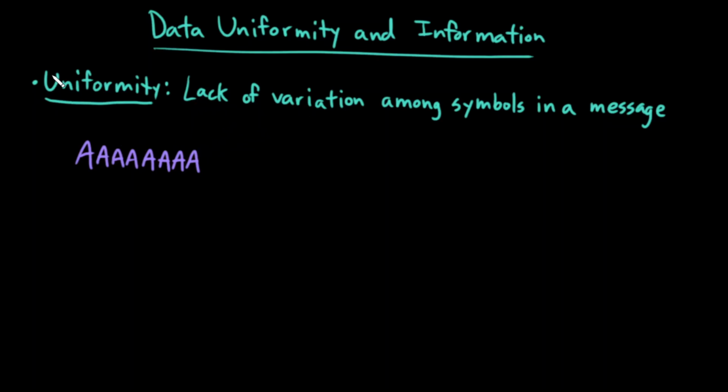It lacks variation, therefore it is highly uniform. This is a uniform message. On the other hand, the message ACGTACGT is a highly variable message. Both messages are over the alphabet ACGT, but one is uniform, one is highly variable.